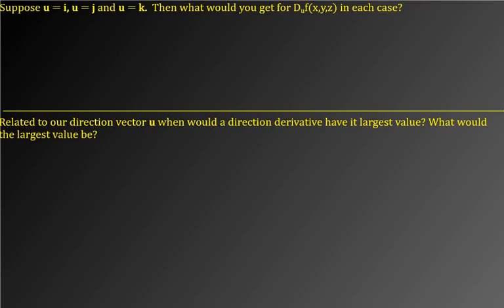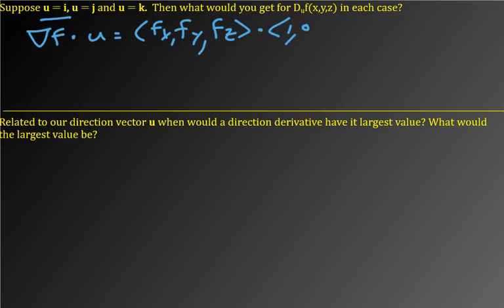So I think this next example will help clear up a little bit about what we've been doing before. It turns out that we've basically just been always doing directional derivatives. So if the specific unit vector u was i hat, then when we do the gradient of f dotted with u, we would be doing f with respect to x, f with respect to y, f with respect to z, dotted with (1, 0, 0).